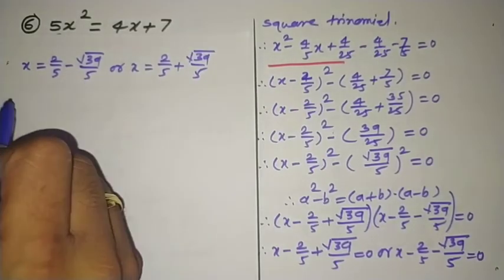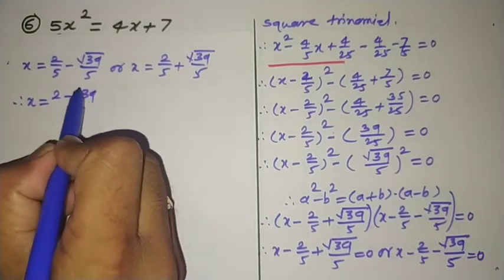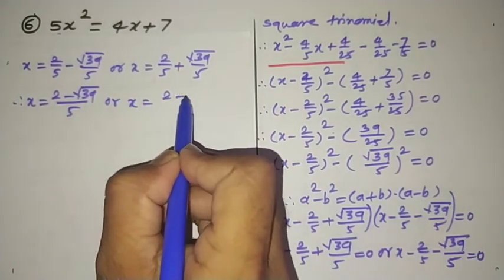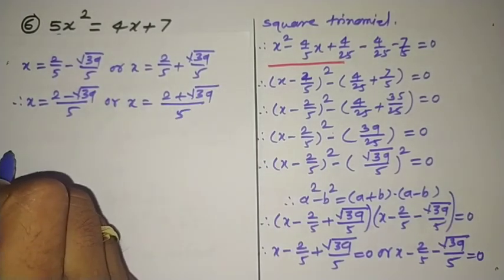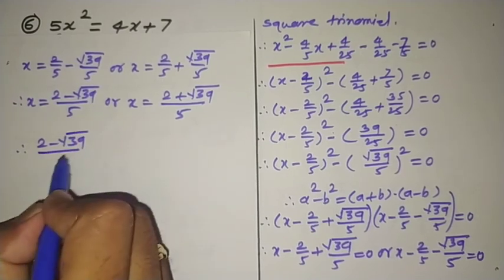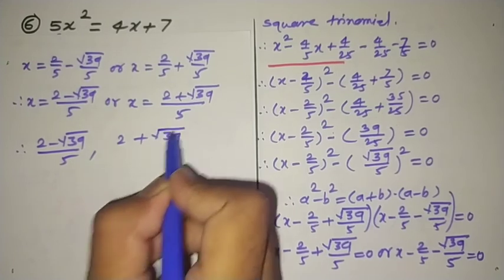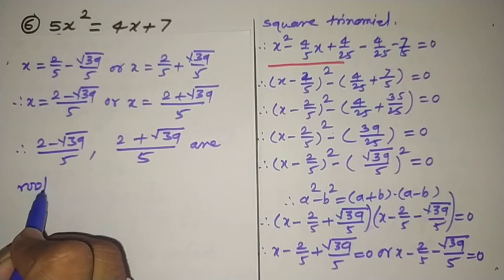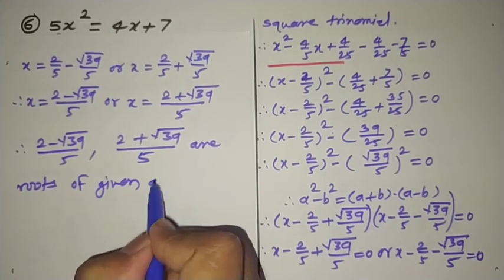Here the denominators are the same. x is equal to 2 minus root 39 upon 5, or x is equal to 2 plus root 39 upon 5. Therefore, 2 minus root 39 upon 5 and 2 plus root 39 upon 5 are the roots of the given quadratic equation.